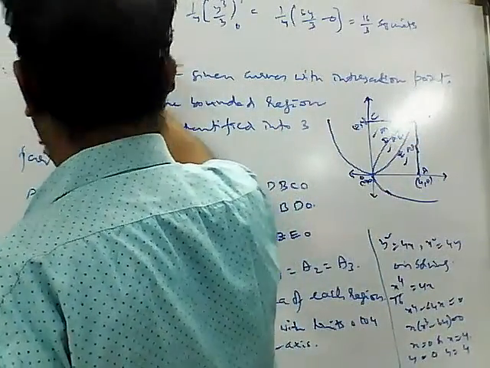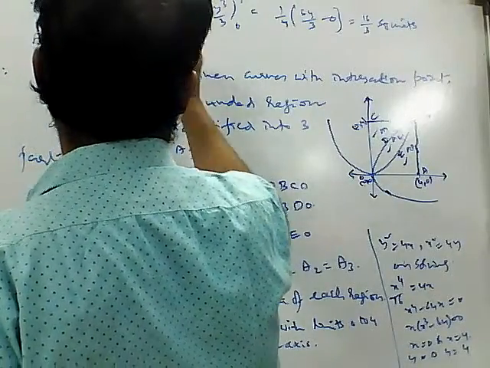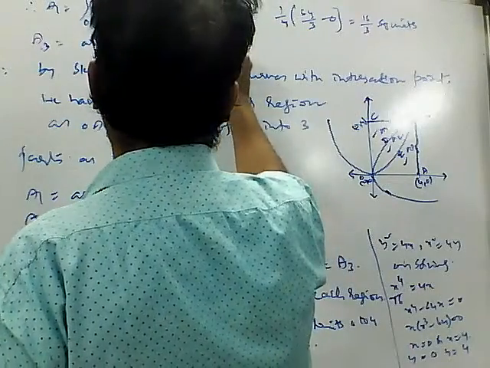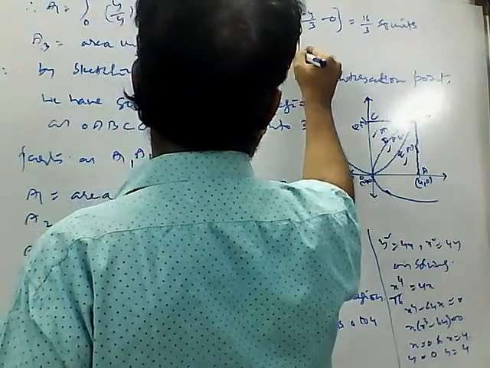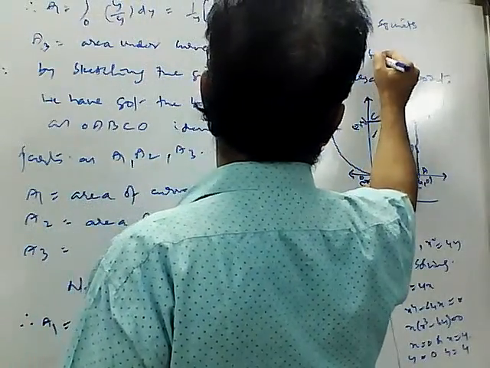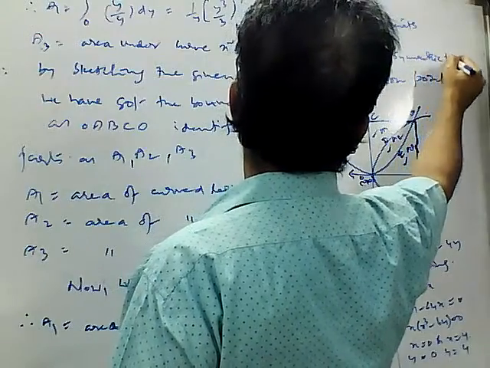A3 is equal to the area under the curve x square is equal to 4y with the limits 0 to 4, symmetric to the x-axis.